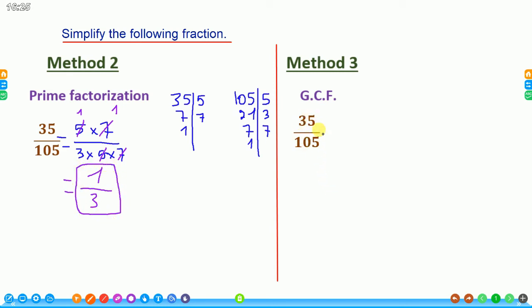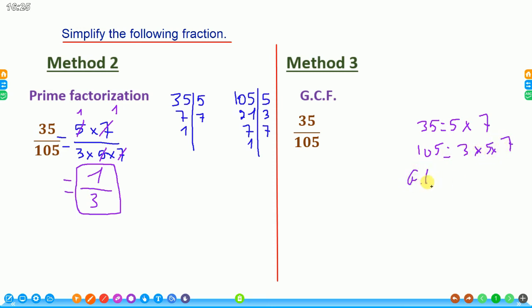Now let's simplify this fraction by their GCF. So we will need to find the GCF of 35 and 105. We already decomposed 35 and 105 into product of prime factors. 35 is equal to 5 times 7, and 105 is equal to 3 times 5 times 7.